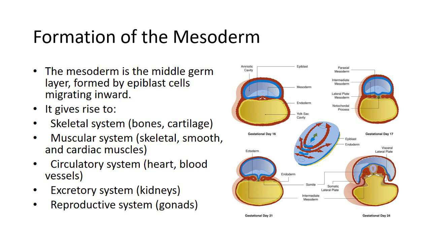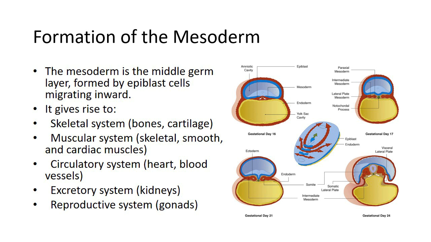Development of the mesoderm: during gastrulation, cells from the epiblast ingress, moving inward through the primitive streak, forming the mesoderm between the ectoderm and endoderm. The mesoderm will later give rise to the skeletal system, bones, cartilage, muscular system, skeletal, smooth, and cardiac muscles.